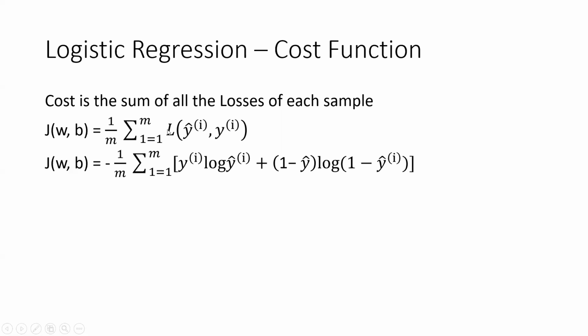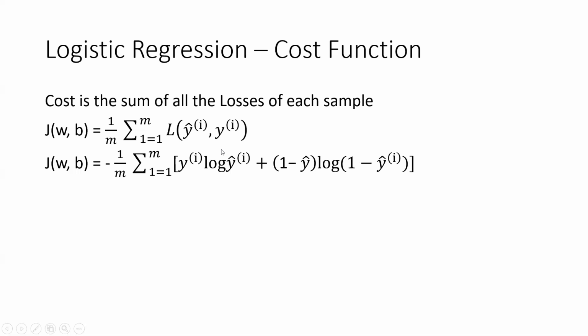That means for each data point, we calculate the loss and add them up for all the data points in the sample, then divide by the number of data points. That is how you get the cost value.